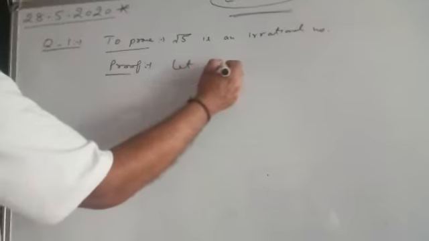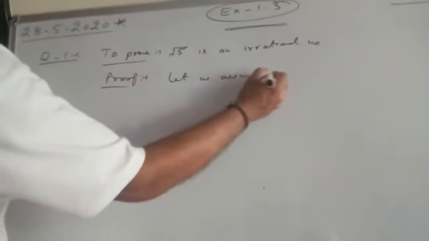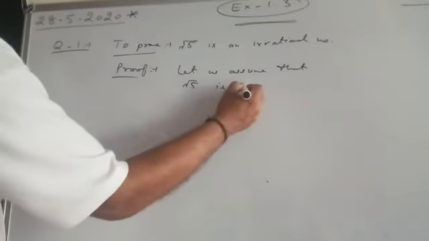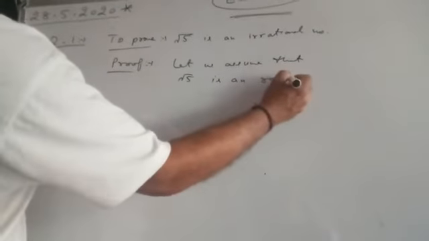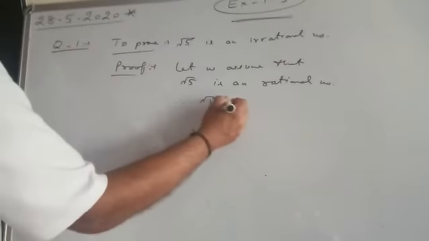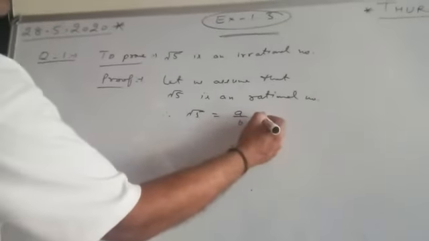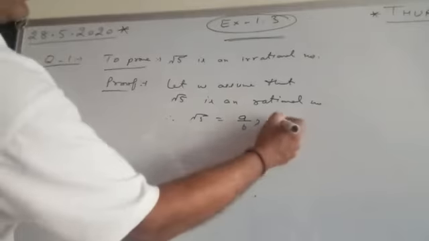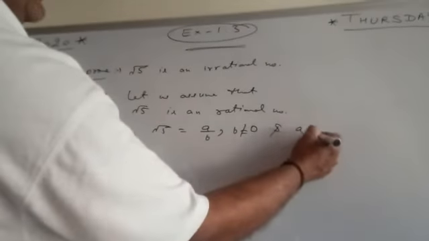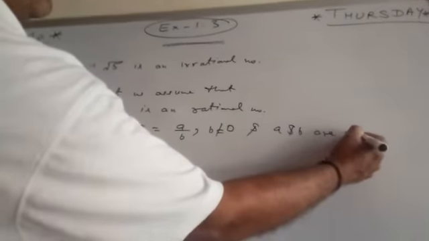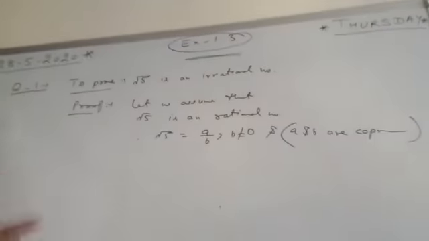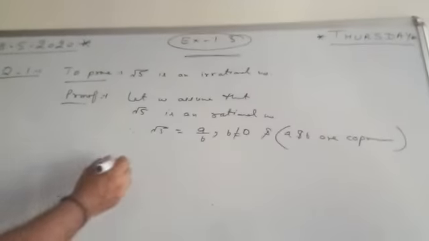Let us assume that root 5 is a rational number. Therefore, root 5 equal to a upon b, b not equal to 0, and a and b are co-prime numbers. Co-prime numbers means only one common factor, that is 1.